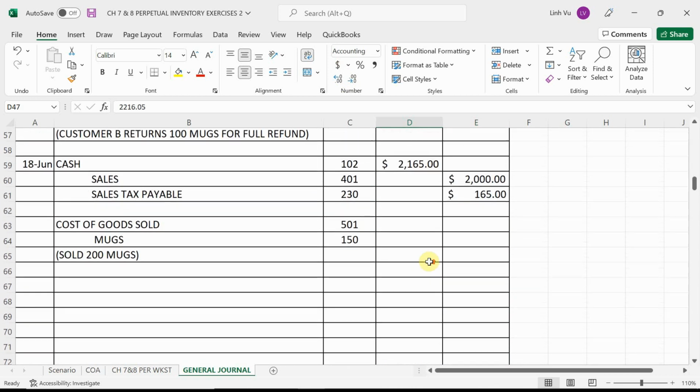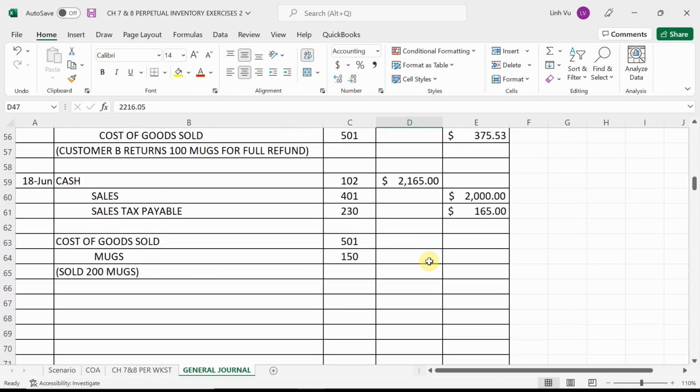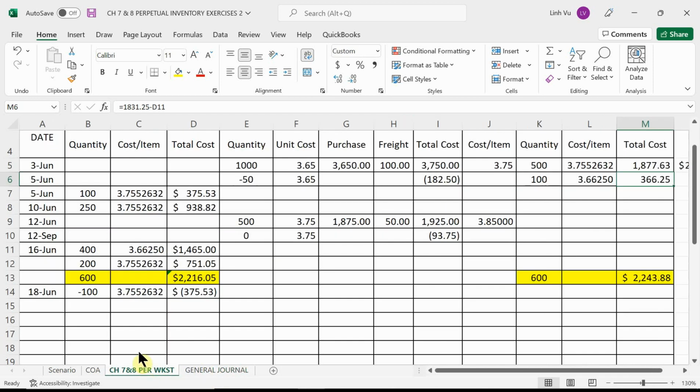So then now, because I sold 200 units, I need to figure out how much it's going to cost me to sell all those units. Okay? So I have to do cost of goods sold for 200 units. Since I'm going to choose to ignore that 100 units because those are extra large cups, how much is it going to cost me per item?